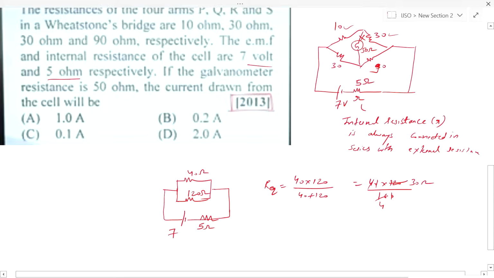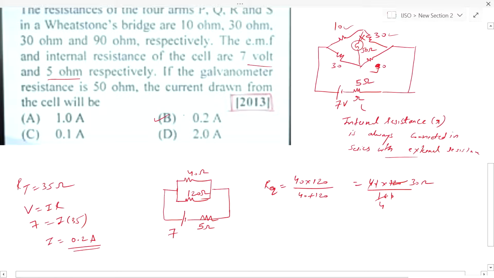So 30 and then 5 will be in series. So total resistance is 35. What's next? V equal to I into R. So 7 equal to I into 35. I equals 0.2. You got 0.1, no?